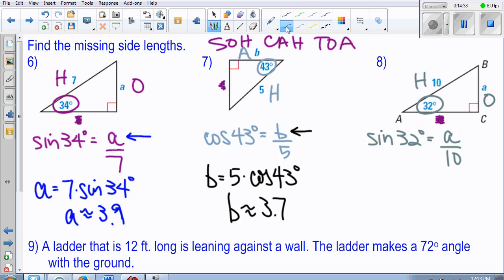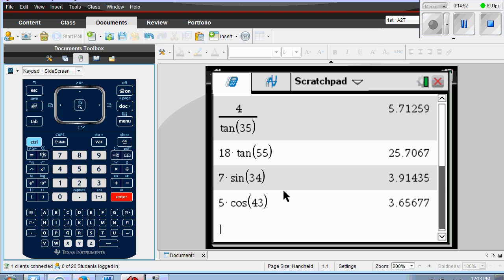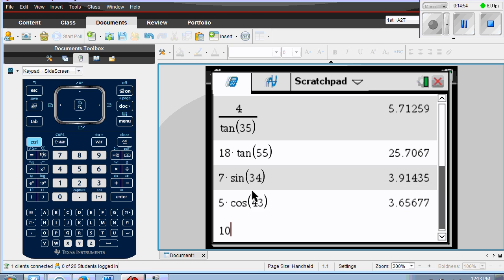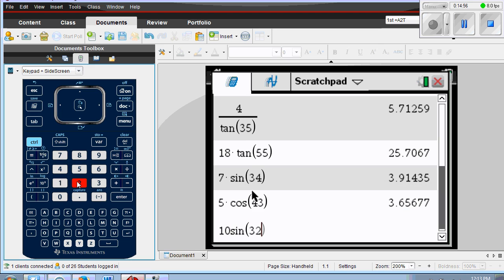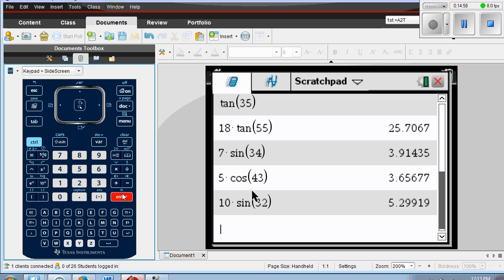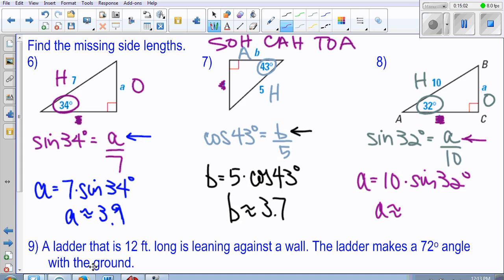Again, noticing that the A is in the numerator, so we are going to use multiplication to solve for A. 10 times sine of 32 degrees. So again, we go to our calculator and we type in 10 sine of 32, push enter, and we get approximately, if rounded correctly, 5.3. And that's the missing side that you were being asked for.